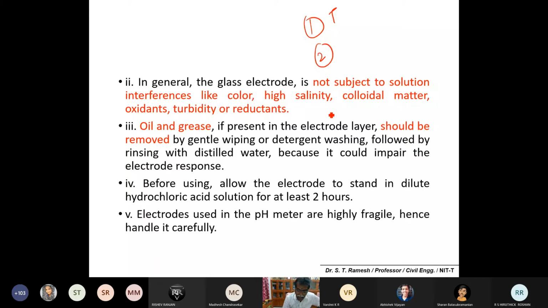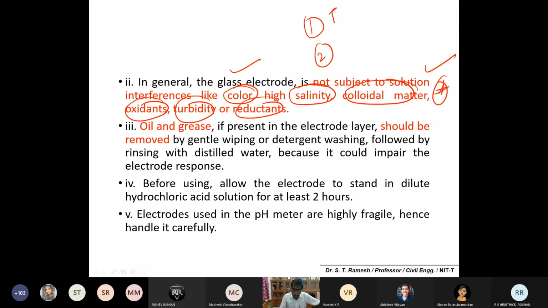Number two is the glass electrode. Because you are measuring with a glass electrode, the solution should not contain any amount of color, salinity, colloidal matter, oxidants, turbidity or reductants. Please make a note on this. This is another criterion. Water should not contain any amount of color or turbidity or high salinity or high colloidal matter.